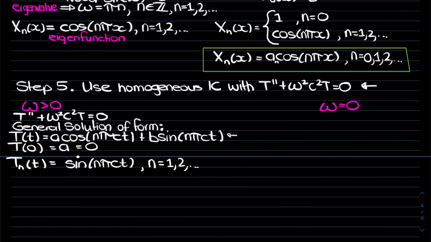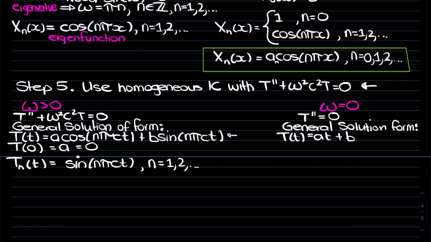Now for lambda equals 0, we get the ODE T double prime equals 0, which has a general solution of the form big T of little t equals A little t plus B, where A and B are some constants, again not the same constants as on the left hand side.